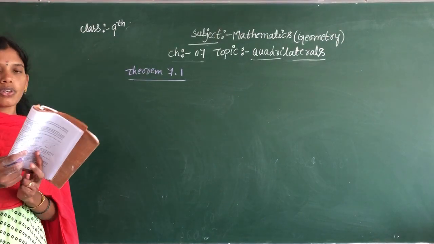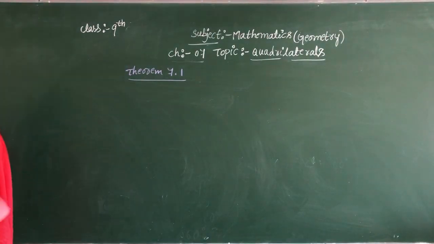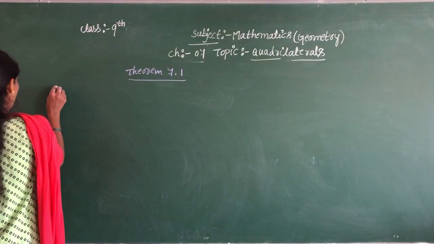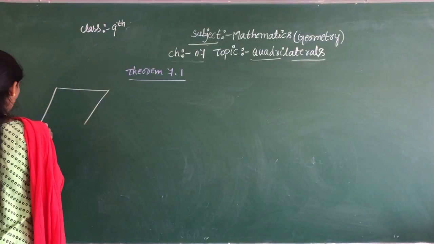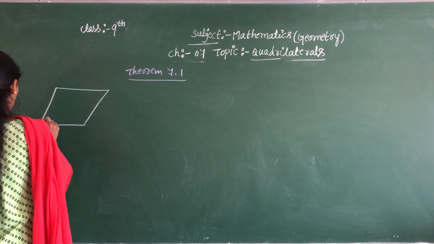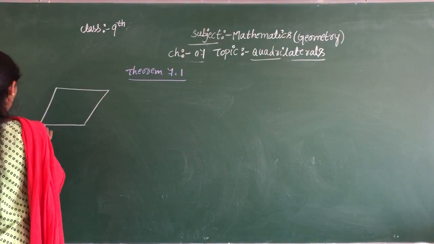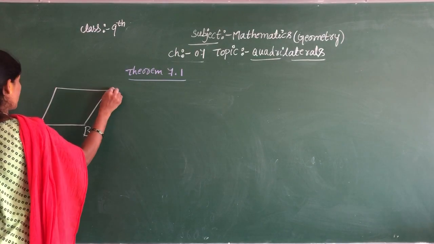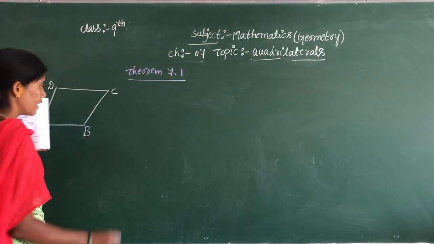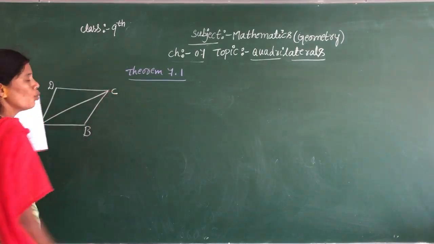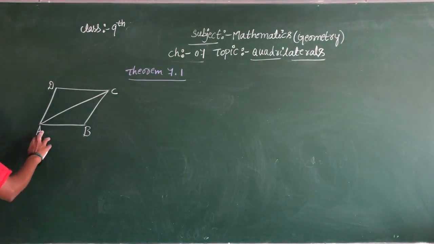Okay children, so we should draw one quadrilateral cut into two by the diagonal.